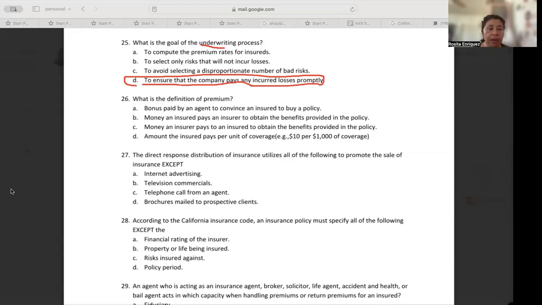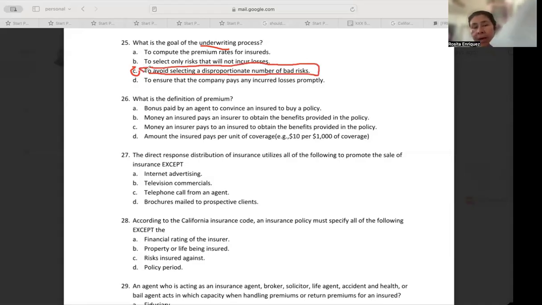No, it is actually, okay, go back. No, the goal is C. Sorry, I selected D. It's C. To avoid selecting a disproportionate number of bad risks. So that is the goal of the underwriting process. Okay, and then now we go to number 26.